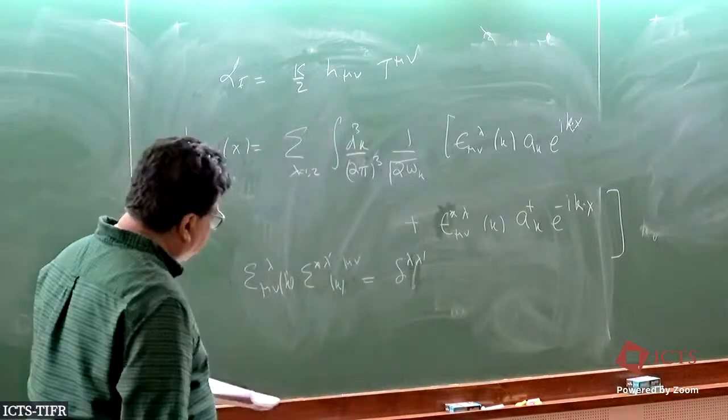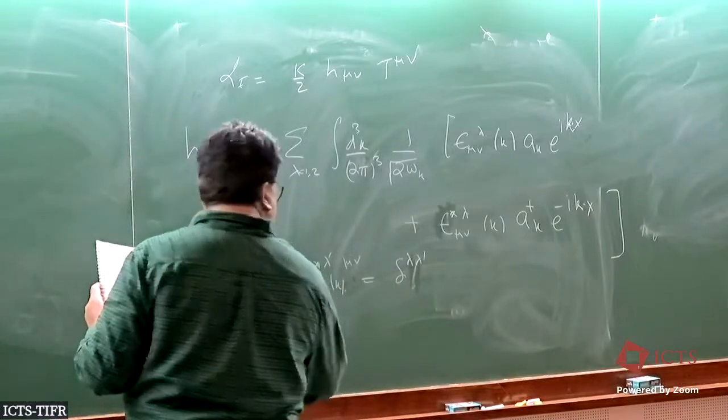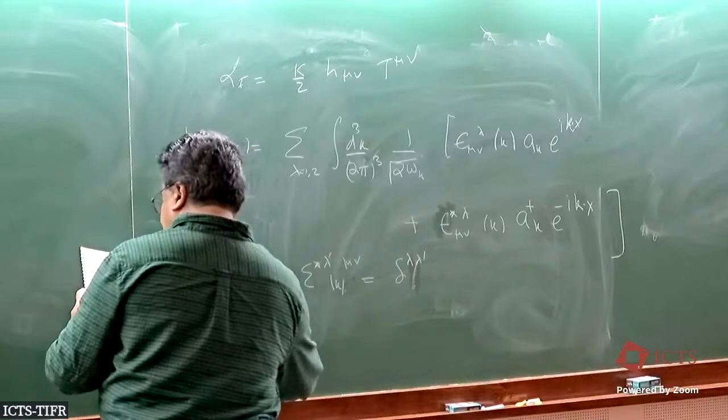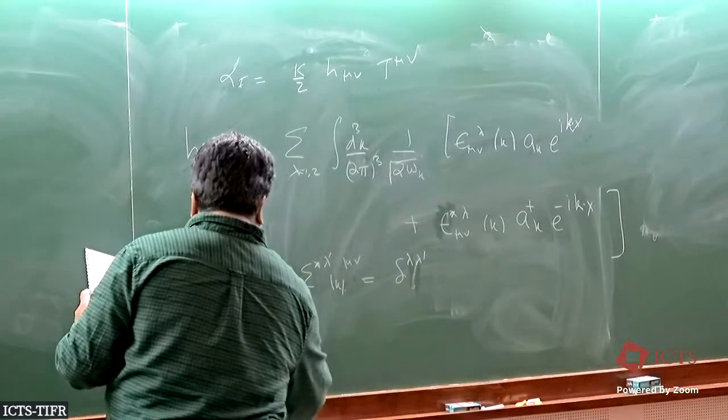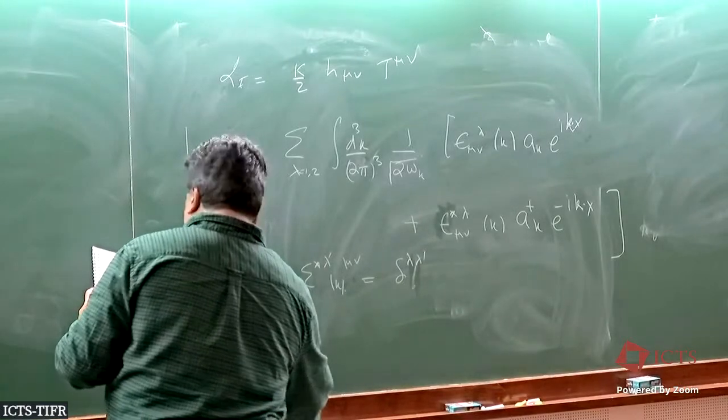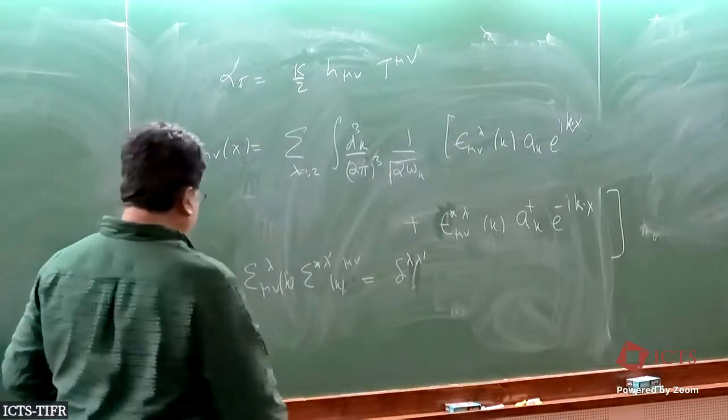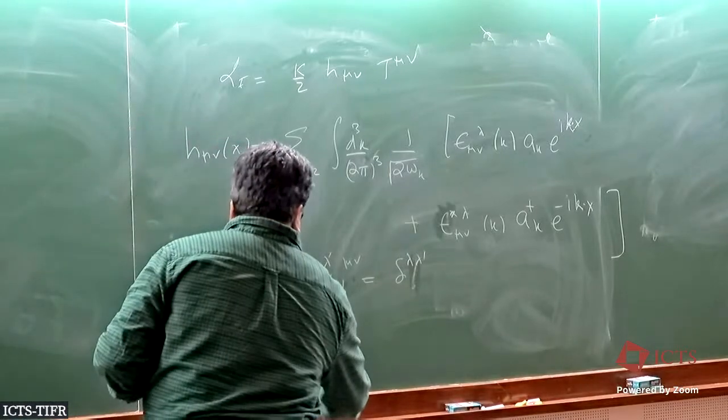And they have a completeness relation, which is, okay, I'll write it down here. Lambda equal to 1 and 2, sum over polarizations of this epsilon mu lambda.